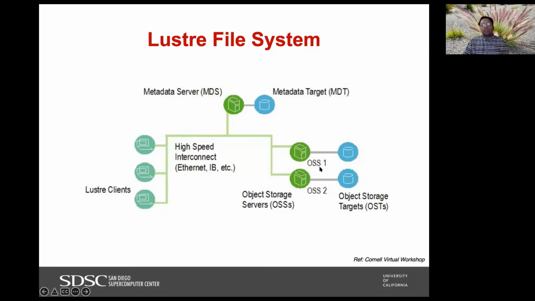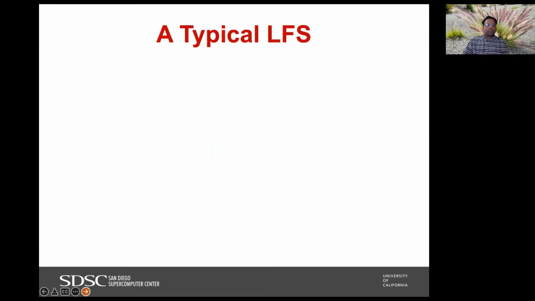There are also storage servers that are part of the Lustre file system, and the metadata servers manage how the data lands there. On each of the servers, there are storage targets, and each storage target is comprised of a lot of disks. That's where the redundancy usually is, at the target level.